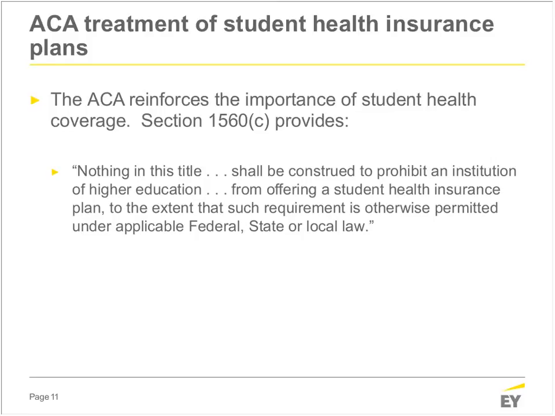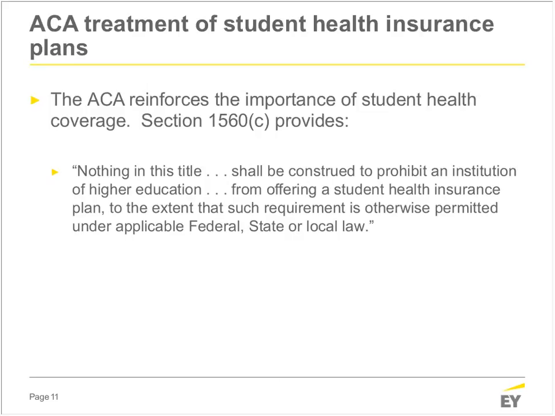The problem comes with the next line, which is that to the extent that this requirement is permitted under federal, state, or local law, the agencies, and it's not just IRS, it's also the Department of Labor and HHS, have interpreted this language in the ACA to mean that they can construct regulations that health institutions offer coverage, but that doesn't necessarily mean that that coverage is excepted from any of the ACA requirements beyond that.